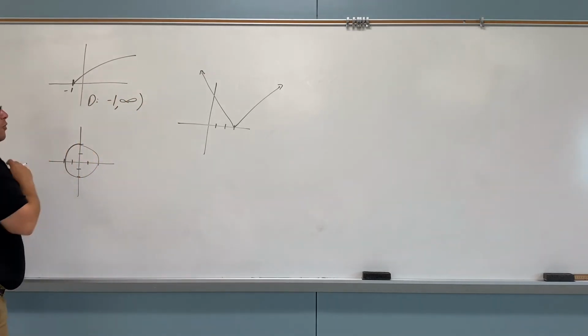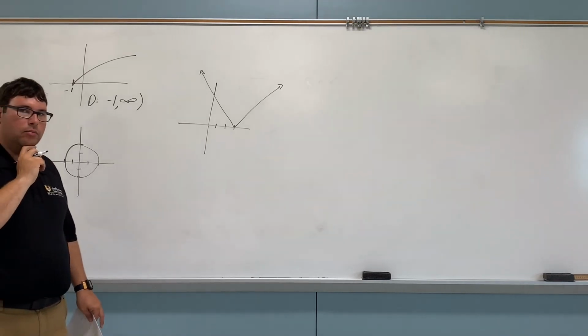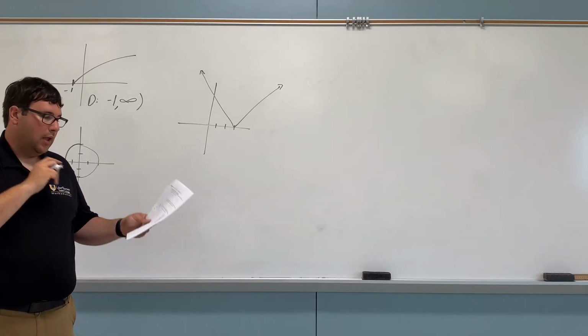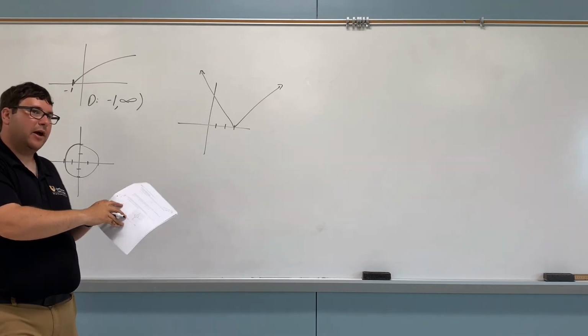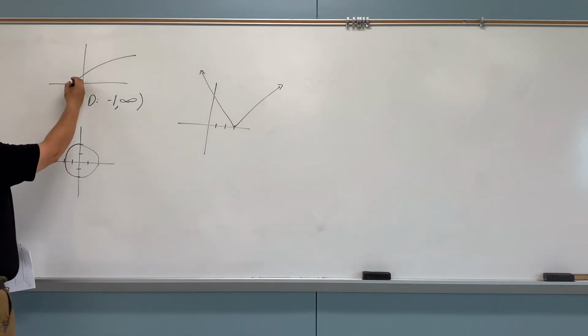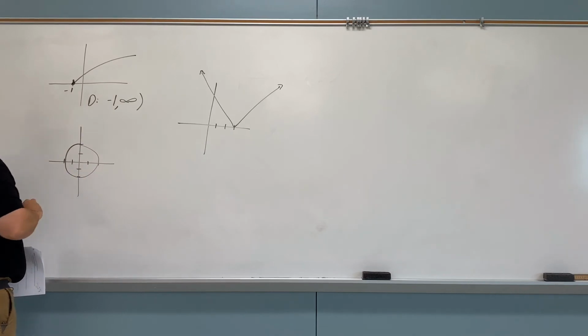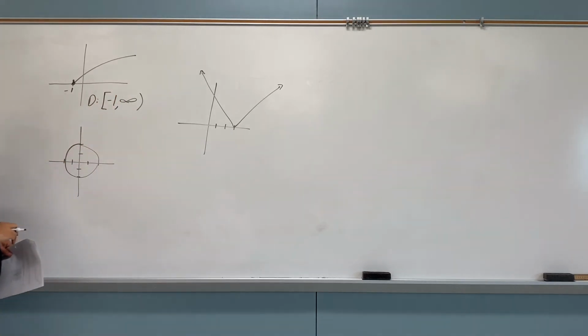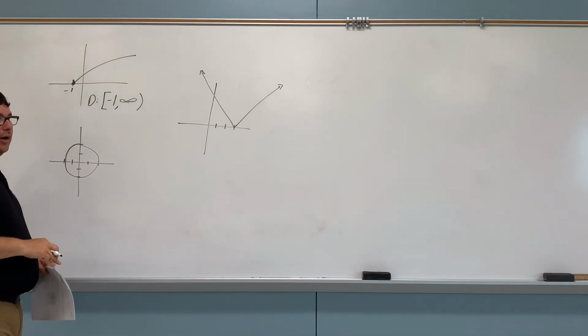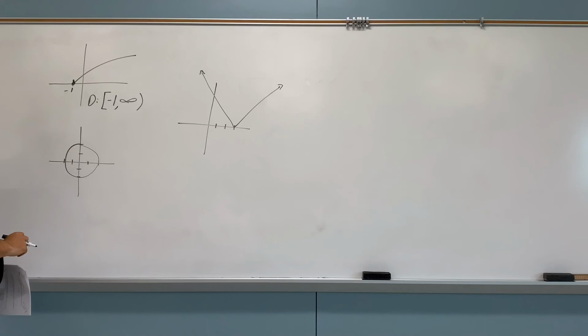The question is, do I include that -1? Yes. As you look at your graph, you can see that -1 actually has a solid dot to it. And I tried to represent that here as best I could as well. But that would mean that you use a square bracket. The domain here is from -1, including -1, to infinity.